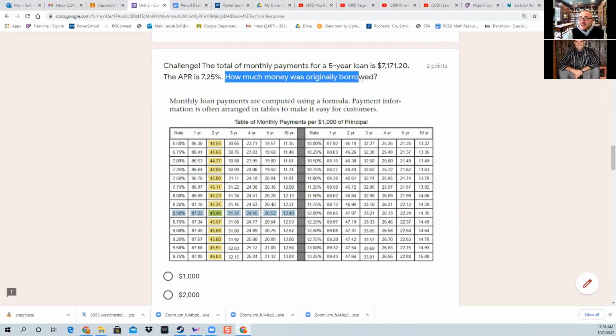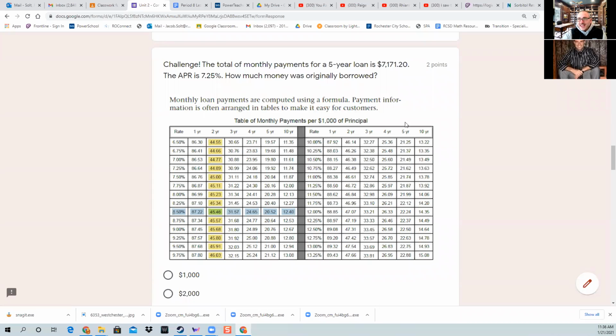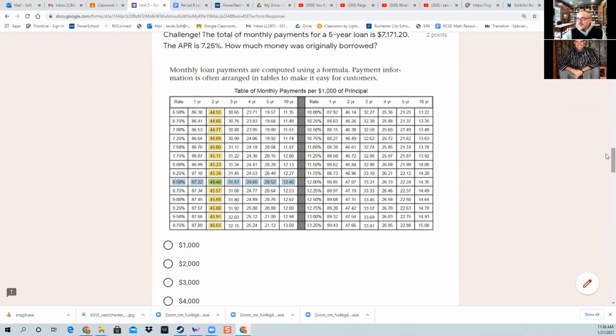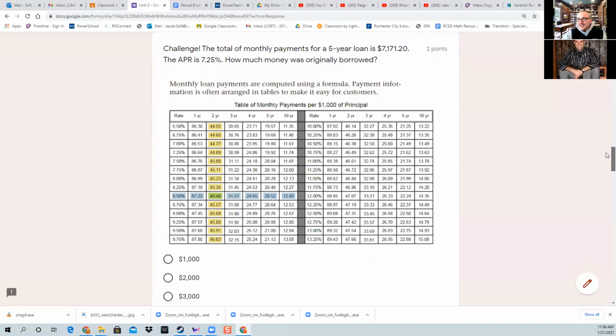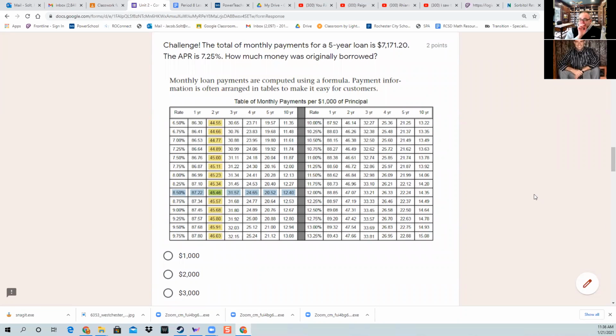Can you find how much money was originally borrowed? To do this, you'll have to think in reverse, which is why this is a challenge problem, because thinking mathematically in reverse is not always the easiest thing. Let me just give you a minute to think about this. Some think time.